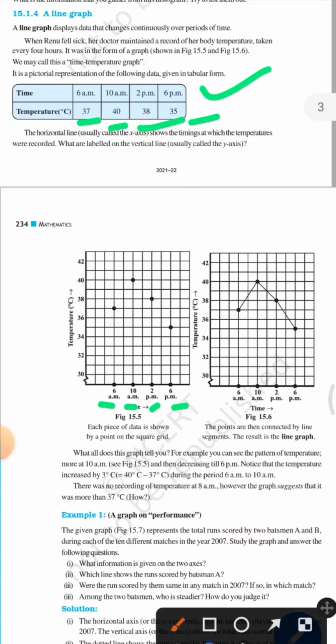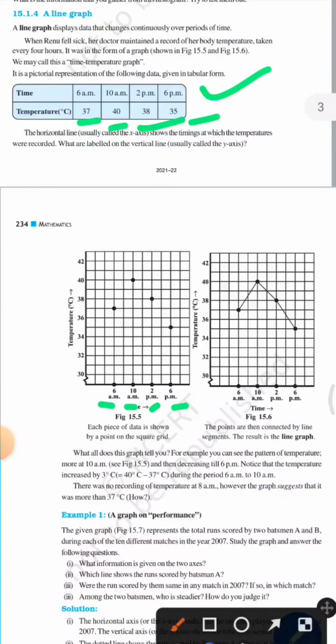Okay, so the first temperature is at 6 am, which is 37 degrees, so in front of 6 am we mark 37. Again at 10 am the temperature is 40, so we mark in front of 40.